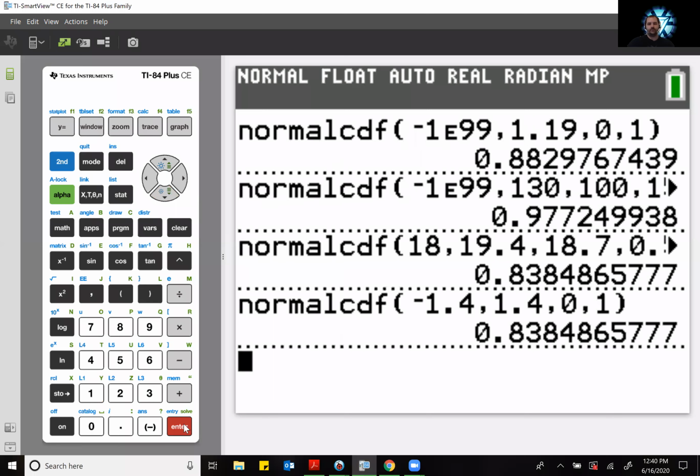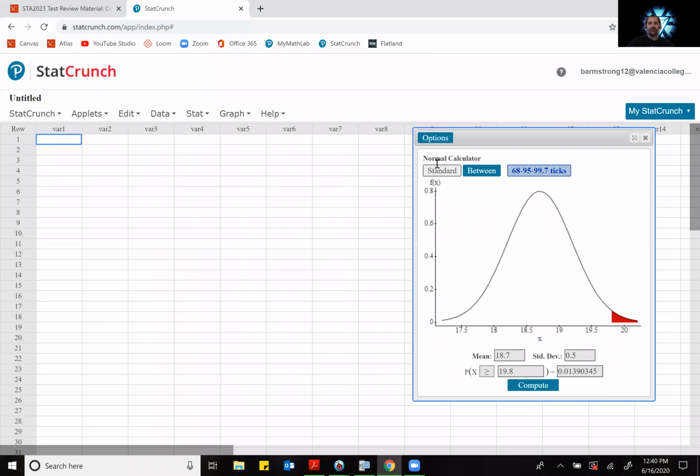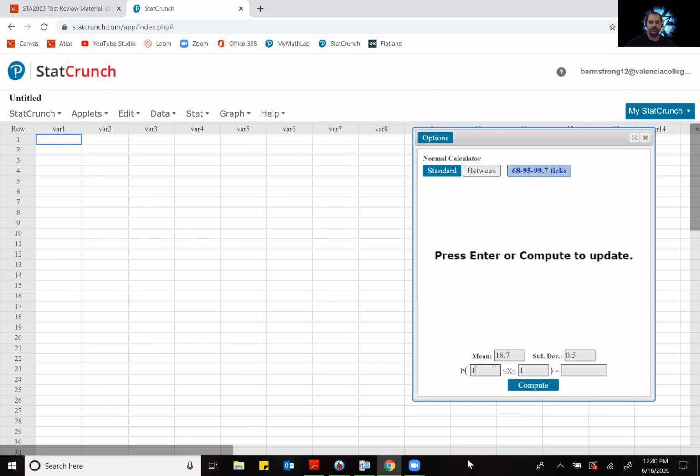Same answer. StatCrunch. So you're between. So you need to select between. And then you put in your information. Since we have the mean and standard deviation in, we'll put in the 18 and the 19.4 and compute.